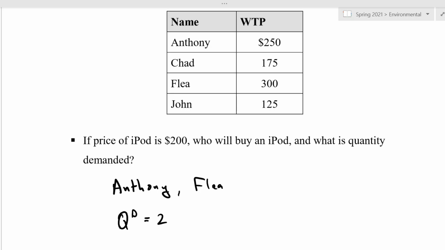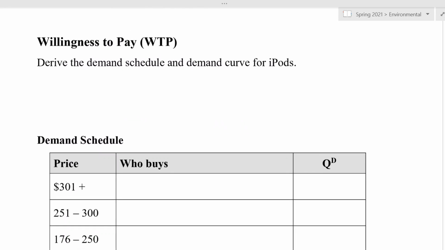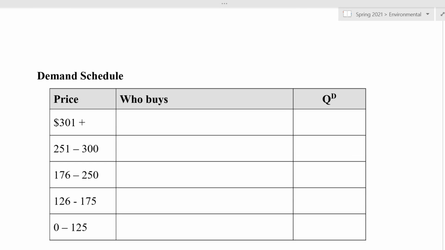And so we can think about this a little bit more rigorously. And eventually, by aggregating everybody's willingness to pay together, we're going to end up with a demand curve. So if we start out with a demand schedule and we look at who buys at which prices, remember the highest amount somebody was willing to pay was $300. Nobody was willing to pay $301 or higher.